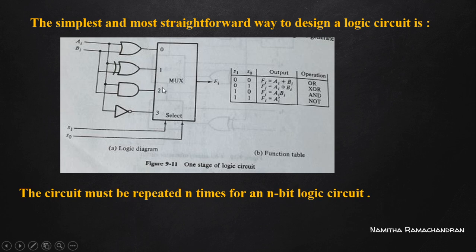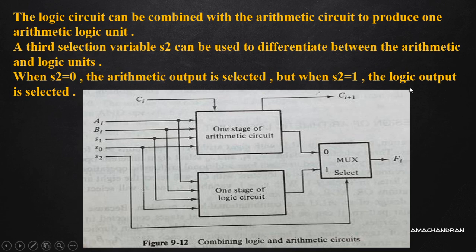That is, the multiplexer selects the XOR operation as its output. With selection values 1, 0, it performs the AND operation, and with value 1, 1, it performs the complement or inversion operation.